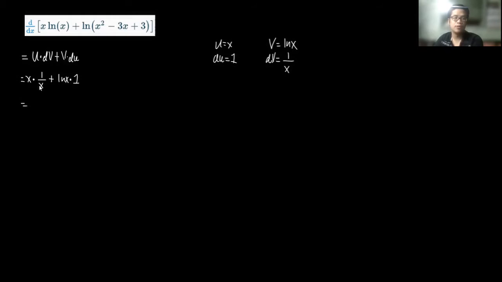By multiplying together, x times 1 over x is just simply 1, because x times 1 over x is the same as x divided by x. Or what I just did here is cancel out x, since I have x here and x in the denominator. So I have 1 plus 1 times ln of x, which is just ln of x. There you go.